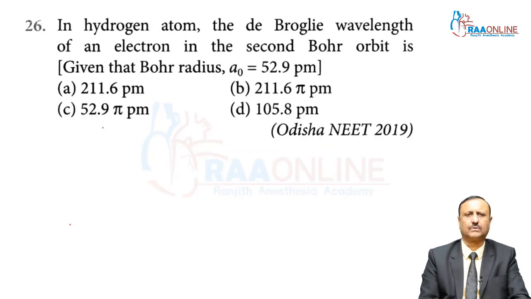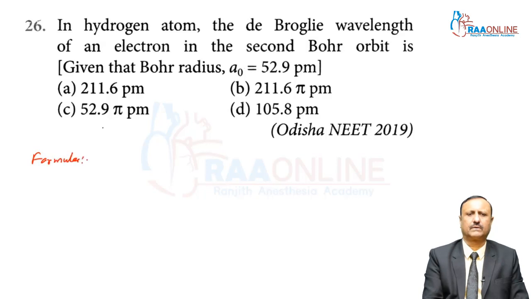Now, my dear students, we can go to question number 26. This question was also asked in NEET 2019. In the hydrogen atom, the de Broglie wavelength of an electron in the second Bohr orbit is given. The Bohr orbit A0 is equal to 52.9 picometer. Here, my dear students, we can use the formula given in question number 25: Rn is equal to n square into A0.